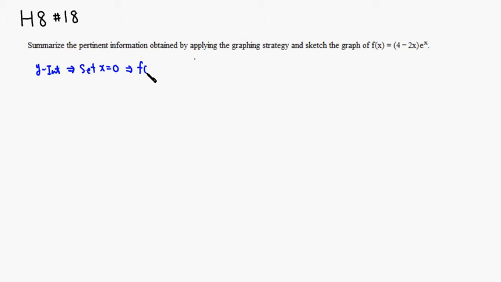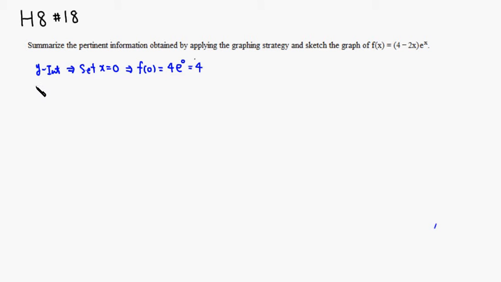So we just have to find f of 0. If you plug 0 in here, 4 minus 2 times 0 is 4, and e to the 0 is 1. So 4 times 1 is 4. So the y-intercept is 4.